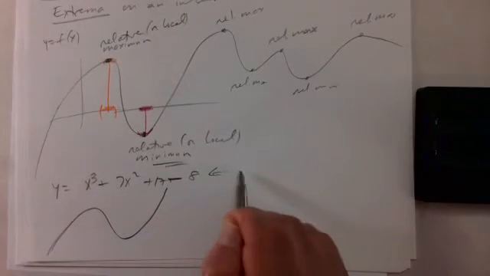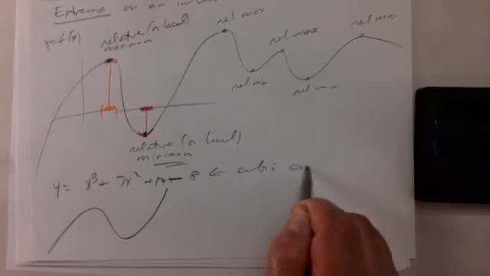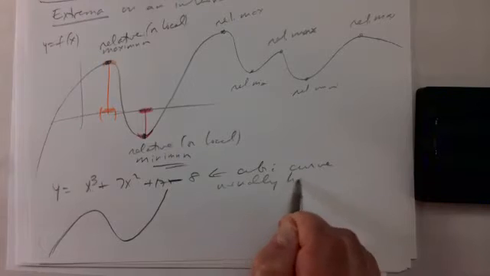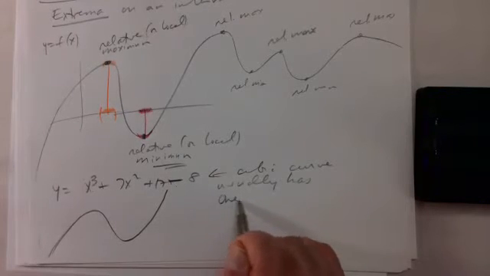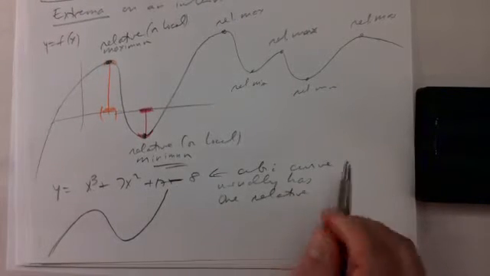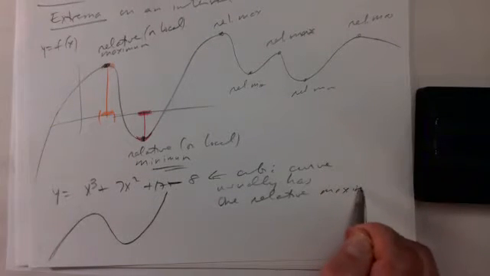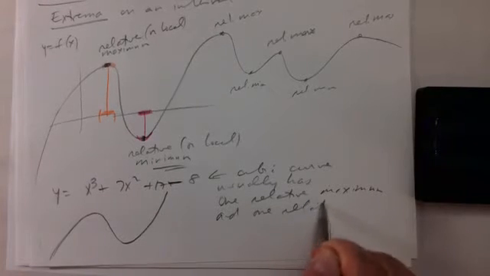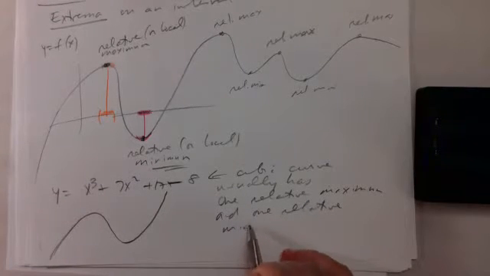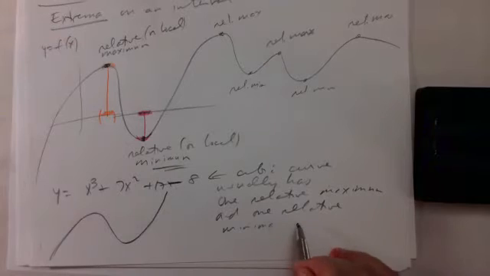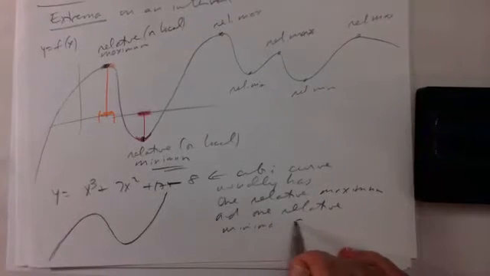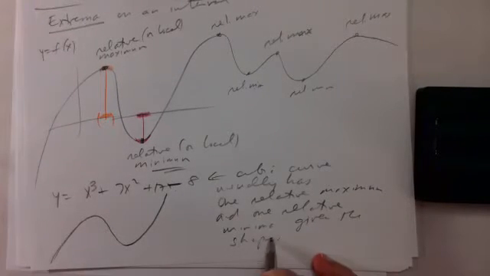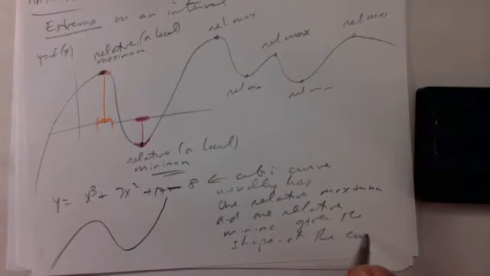So just knowing that a cubic curve usually has exactly one relative maximum and one relative minimum automatically gives the shape of the curve.